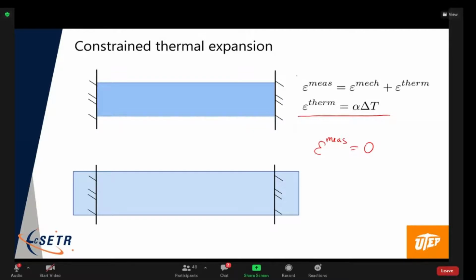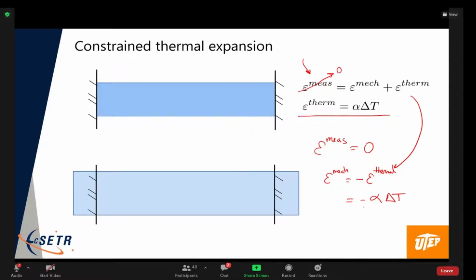So if we look at that in this context, if the measured strain is now 0, this is going to tell us that the mechanical strain is equal to the negative of the thermal strain. And so that's going to tell us that this is minus alpha delta T. So that makes sense, right?